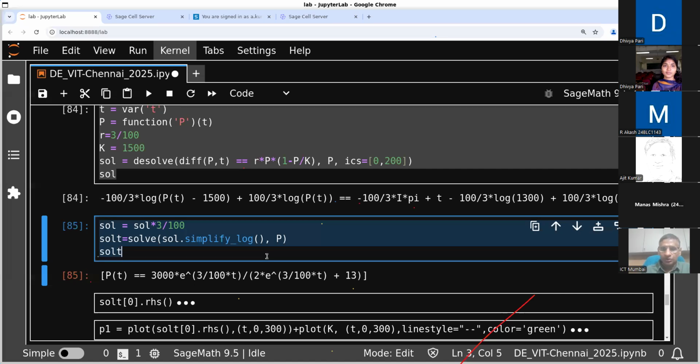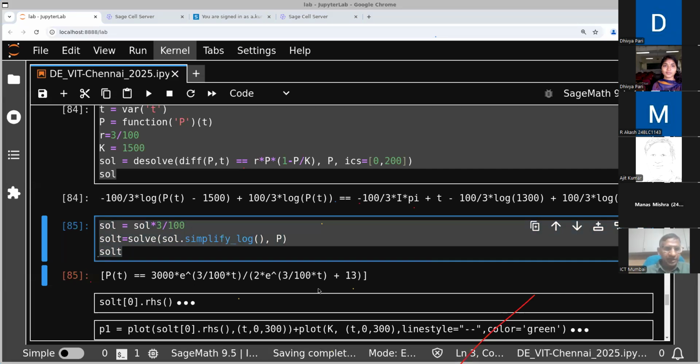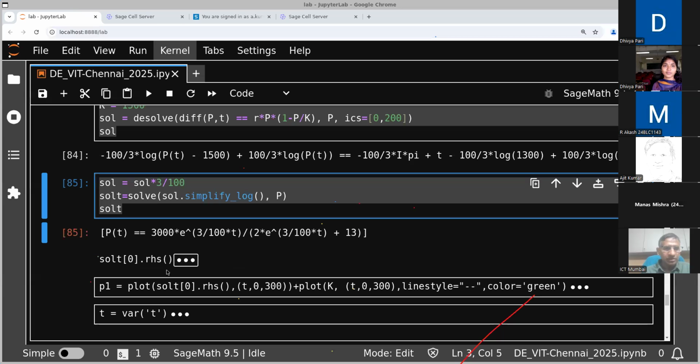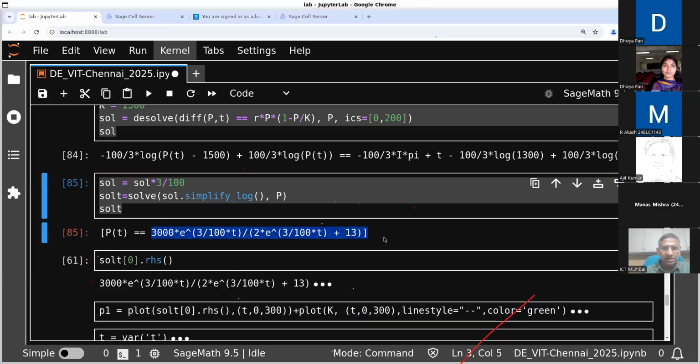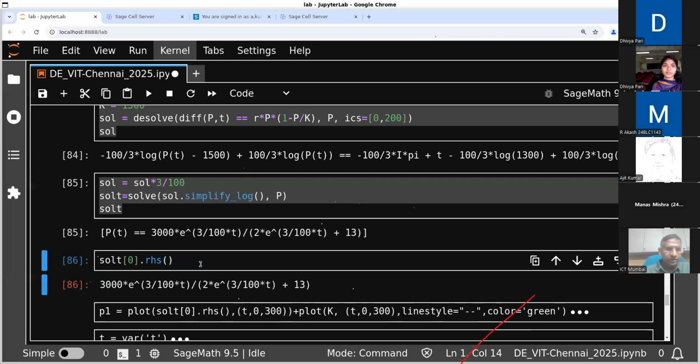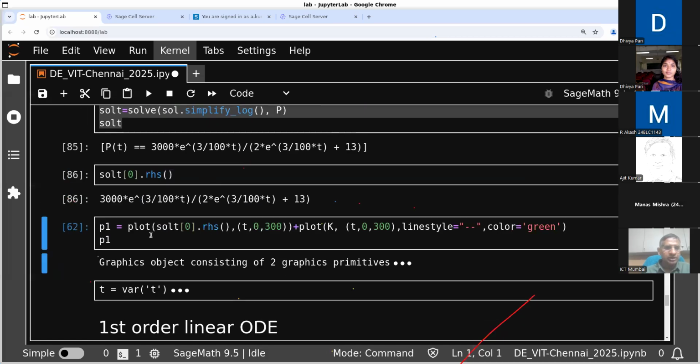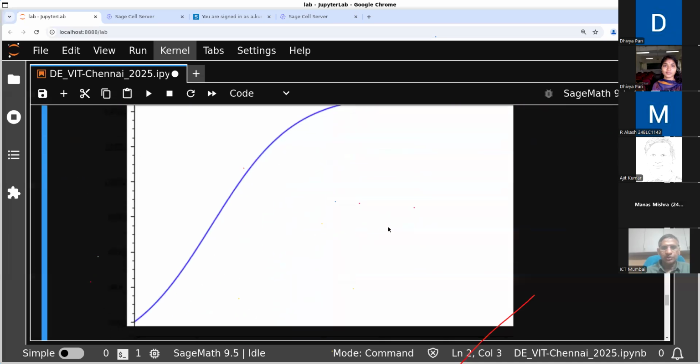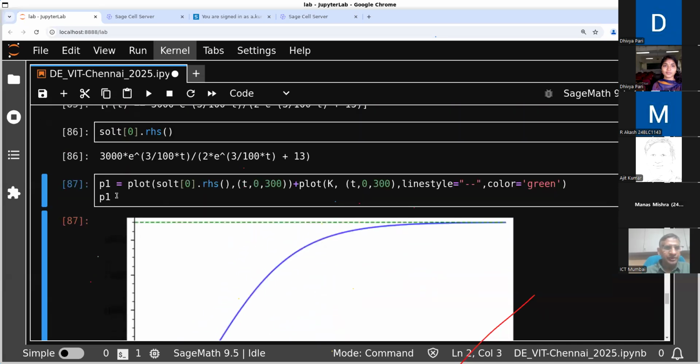Okay, that's how the solution looks. And let us now find the right hand side of this as a function of t. This is how it looks. And let us plot the solution. This is how it looks. Let me reduce the figure size.